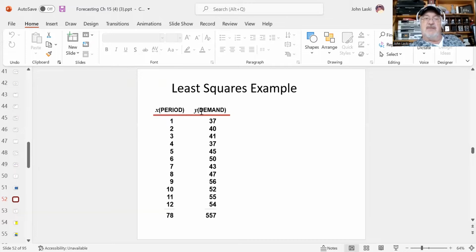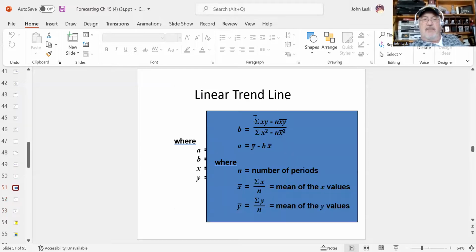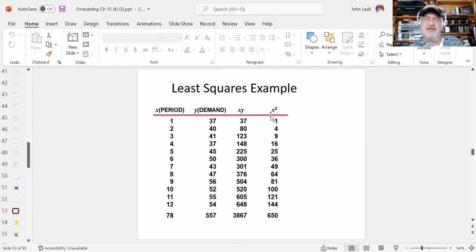We're going to assign the demand numbers, the actual demand data, variable y. Sum of the y's. Add the numbers, 557. Now, we remember from the formula up here that we need the sum of the xy's.